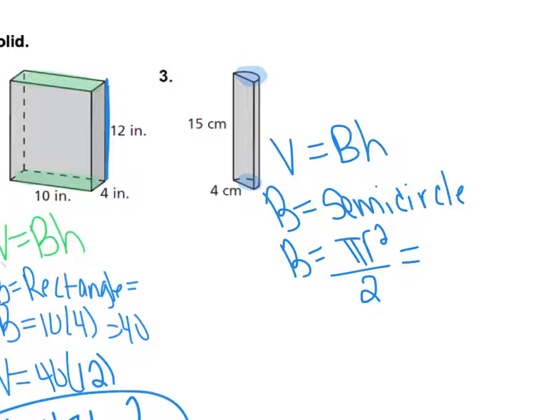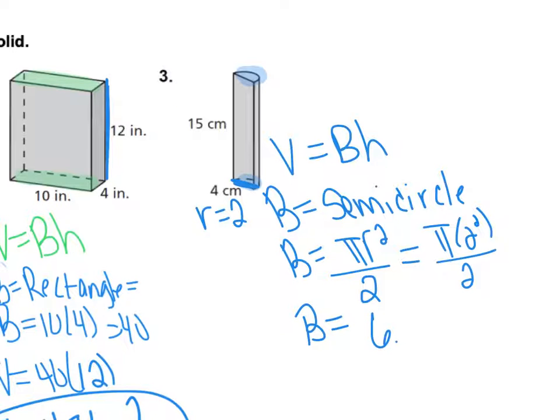So we would have our radius, so the whole distance across here is 4, which means our radius equals 2. So we would have pi times 2 squared over 2. So the area of our base is going to be 6.28.